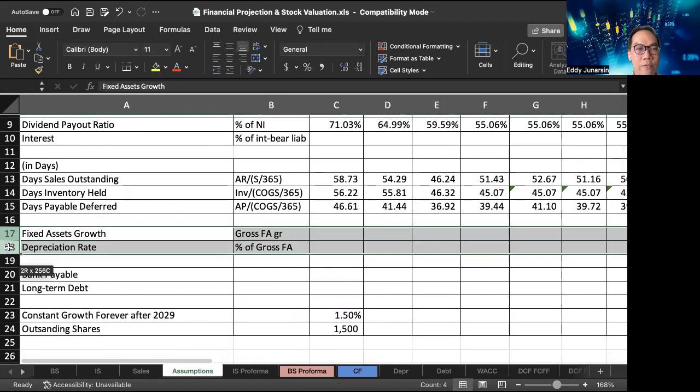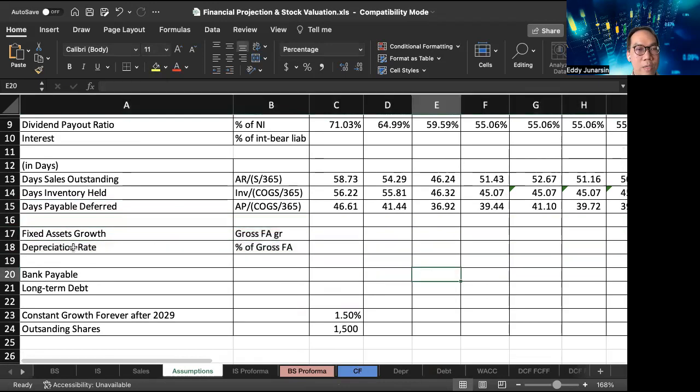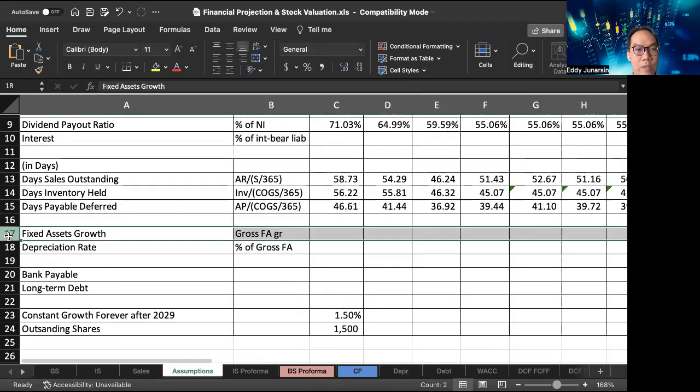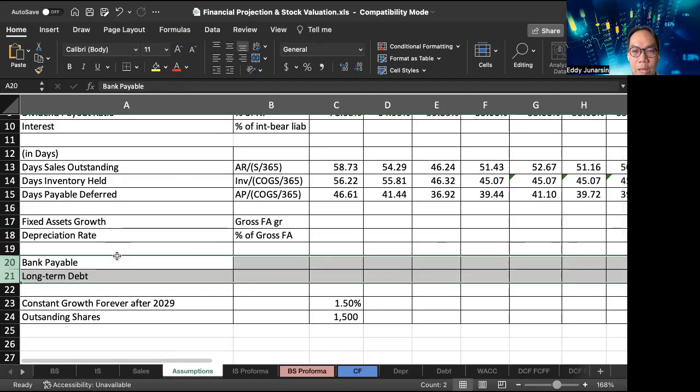This one, we have a separate sheet that we are going to see in a moment. So the interest, then the fixed assets growth, depreciation rate, and also bank payable and long-term debt. We'll have separate sheets for those items.